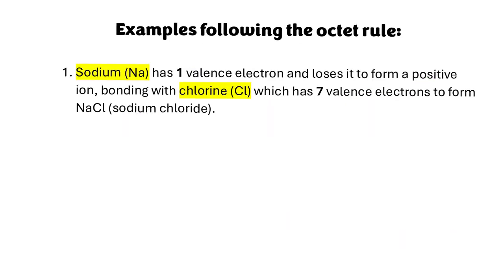We are going to take some examples following the octet rule and how different atoms are going to make bonds. Now, sodium has only 1 valence electron. It is going to share its electron with chlorine, which has 7 electrons.